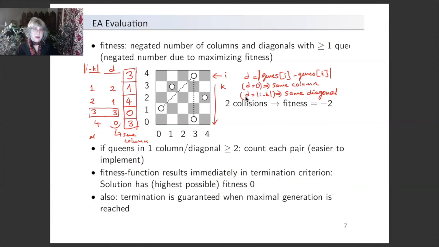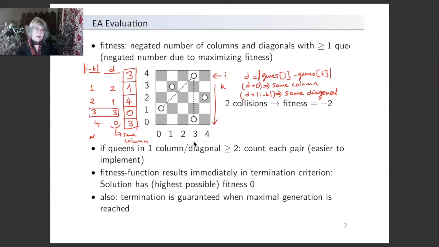The other one is to compare D with the absolute value of I minus K. And here D is different from I minus K, but they are the same here. So this means that the queen in this row, which is here, is in the same diagonal as the queen in row I.